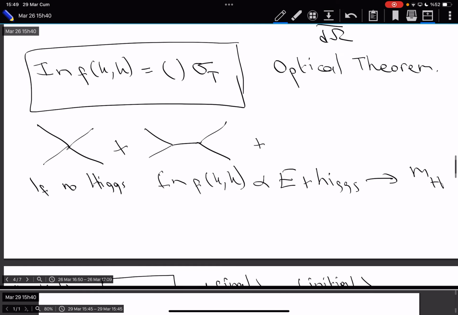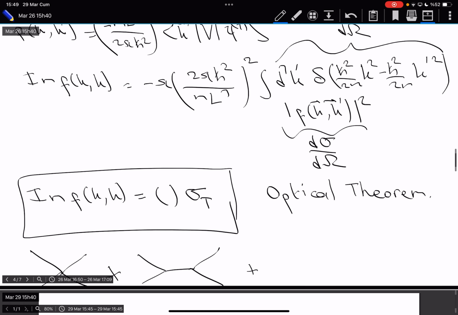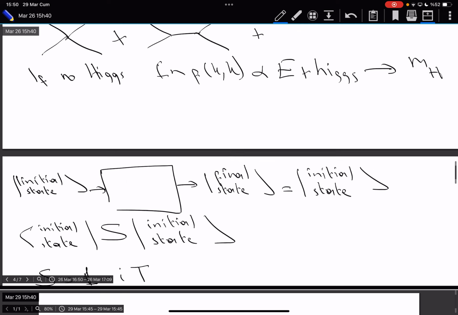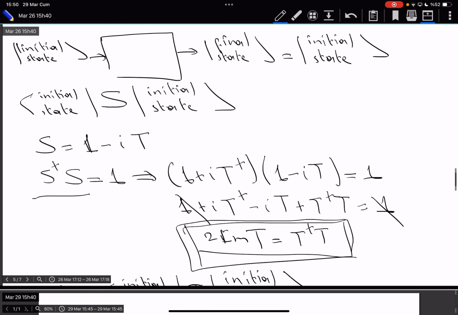There, the basic idea is you have an initial state. Here in this single particle picture, that initial state is just specified by the momentum k. The imaginary part of the amplitude, in which the state doesn't change after scattering, is always proportional to the total cross-section. And in particle physics, there's a slightly different derivation.